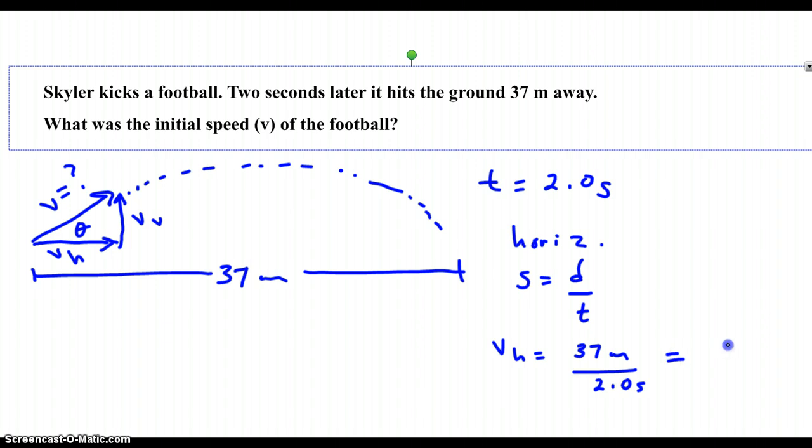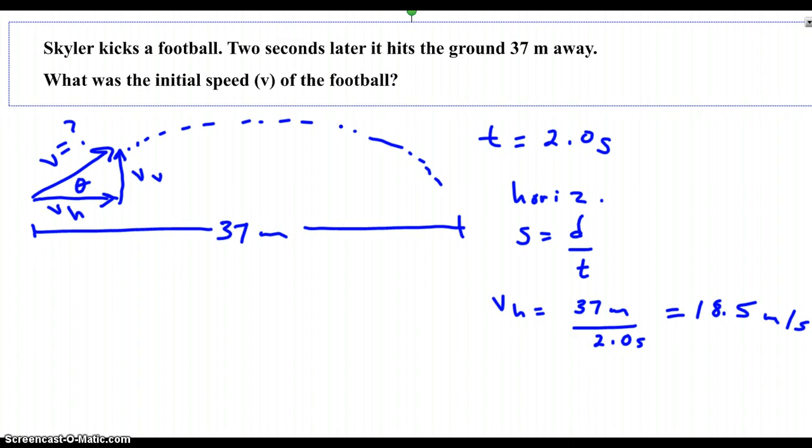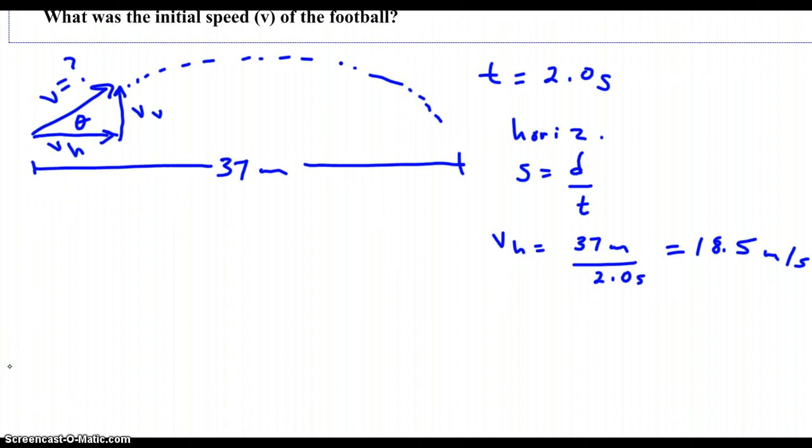Horizontal speed of the ball is 18.5 meters per second. Next, we would like to know, what was the ball's vertical speed? Well, if the ball is in the air for a total of 2 seconds, then it means the time needed for the ball to rise up to its highest point before coming to a rest for just a second would be only 1 second, because the time needed to rise to the highest point is exactly half of the total flight time of the football.